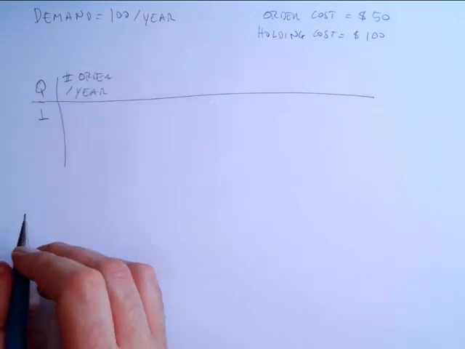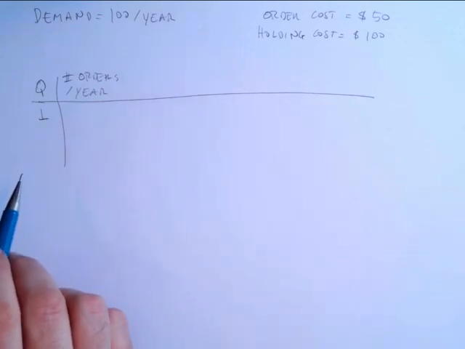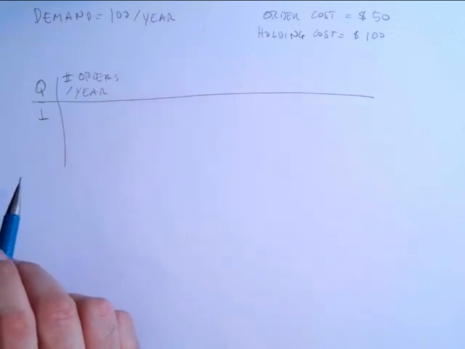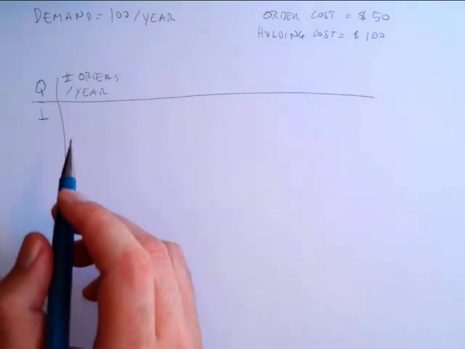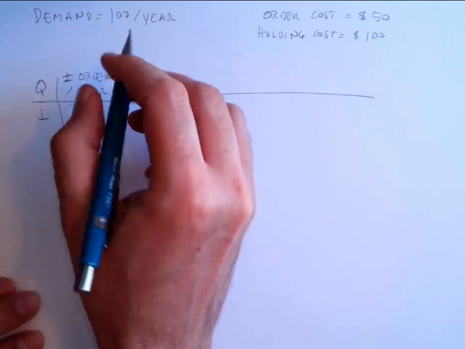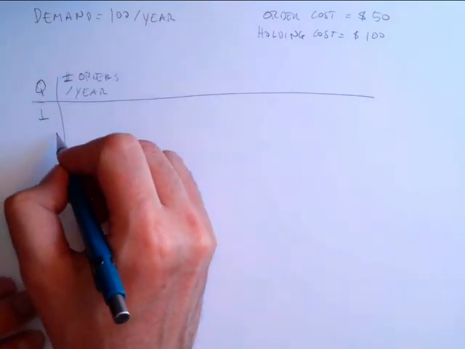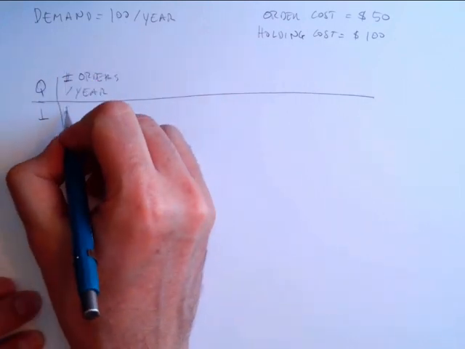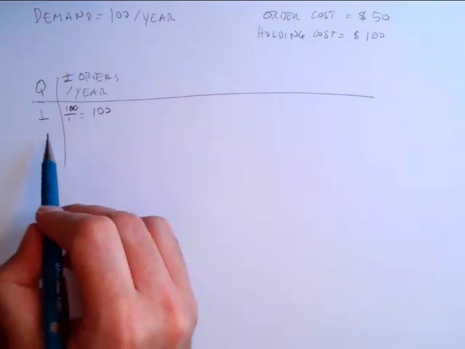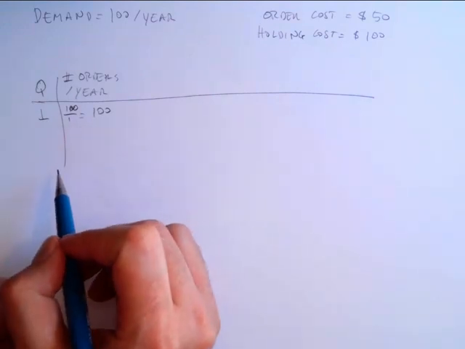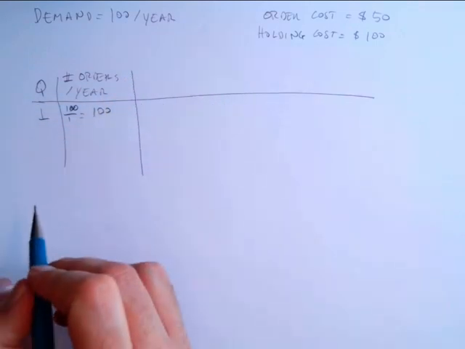I need 100 units per year and I'm buying 1 at a time, so I divide 100 by 1. I need to buy 100 times.